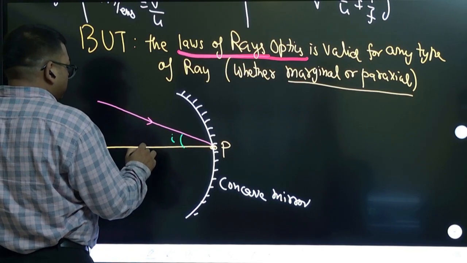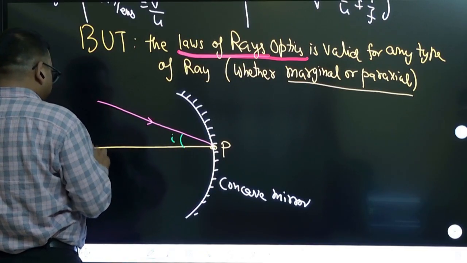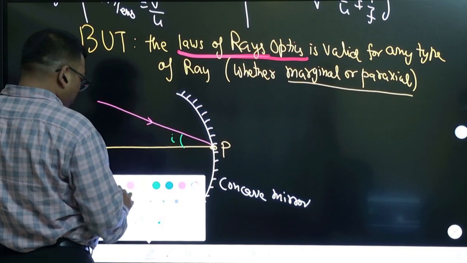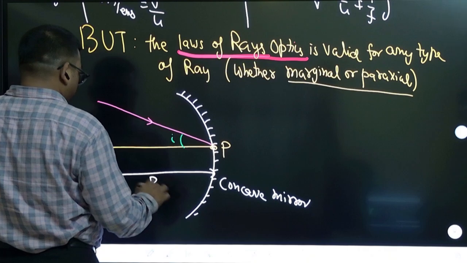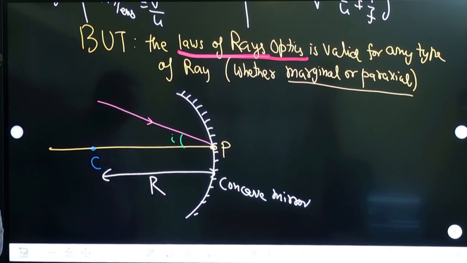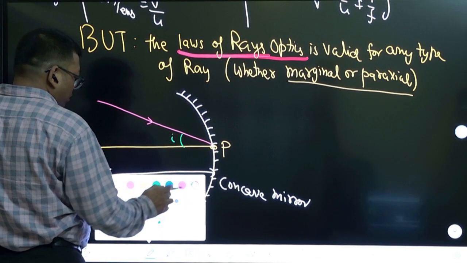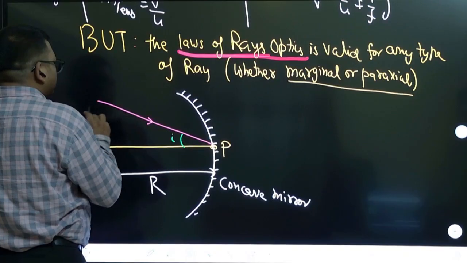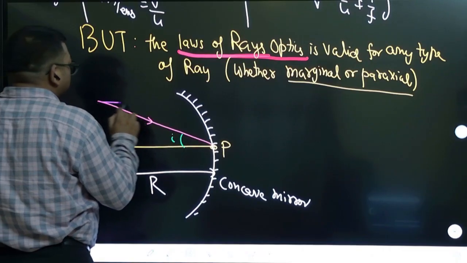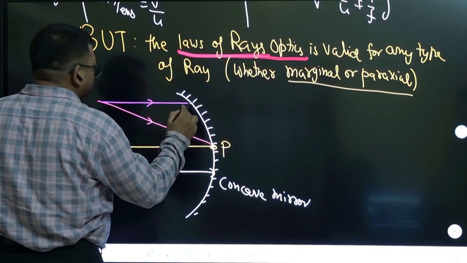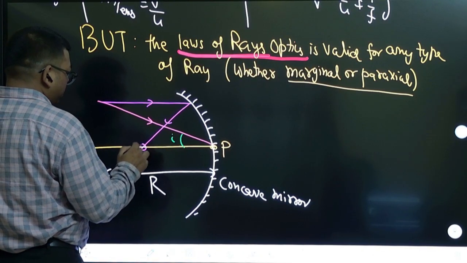I will take this point as the center. Center means this distance is radius R. Now let me take parallel rays coming this way, and the parallel rays will go here. What do you think this point is called?